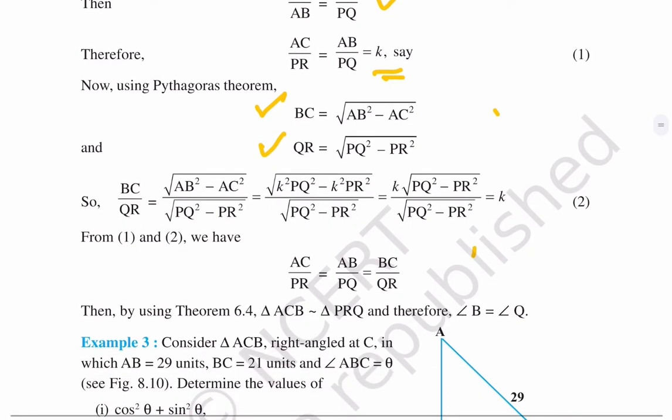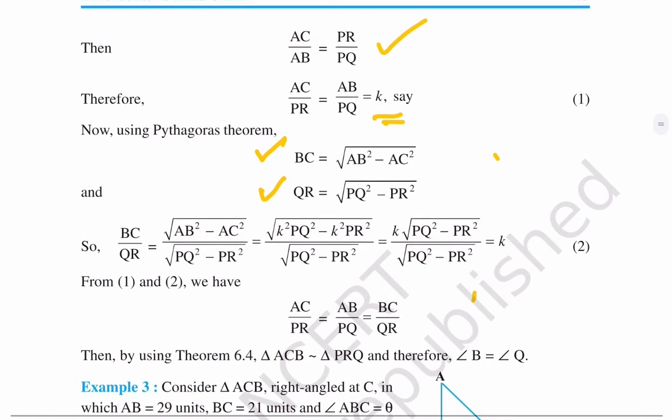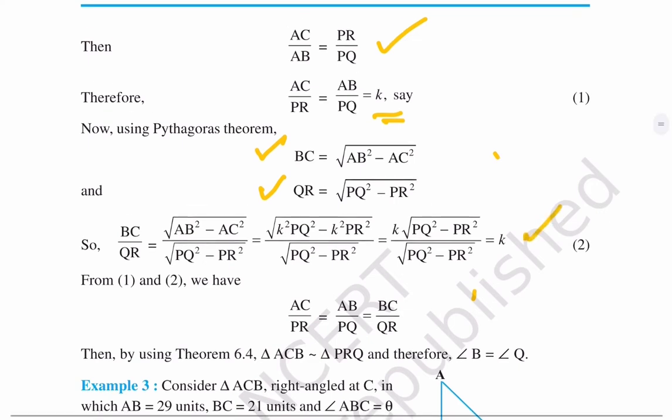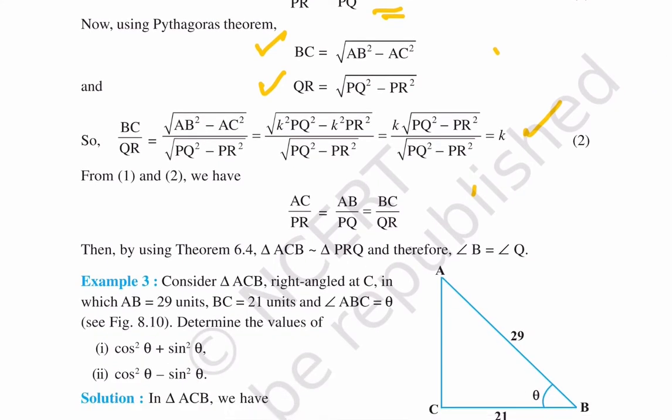That will give BC by QR is equal to square root of AB square minus AC square divided by square root of PQ square minus PR square, and we will get BC by QR is equal to K. So from the equations we get AC by PR is equal to AB by PQ is equal to BC by QR.